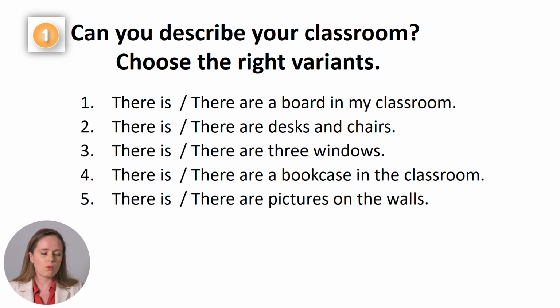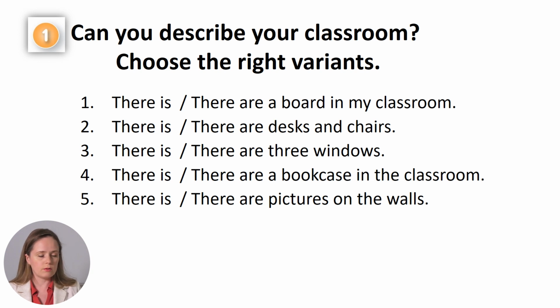There is or there are 3 windows. There is or there are a bookcase in the classroom. Do you know what is a bookcase? Do you remember? This is the place where you put your books. There is or there are pictures on the walls.